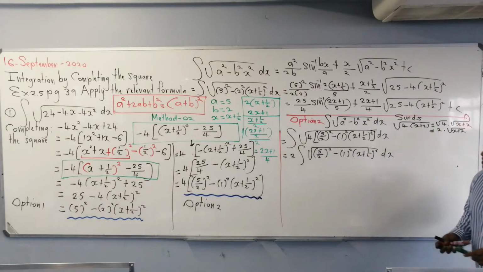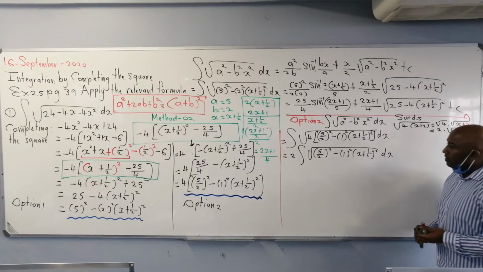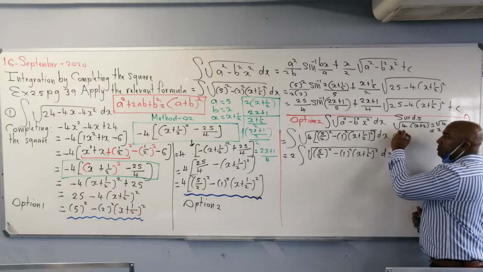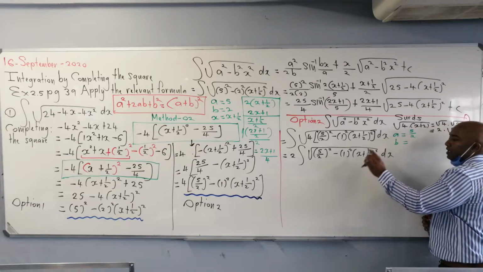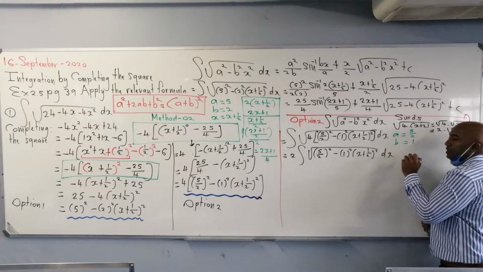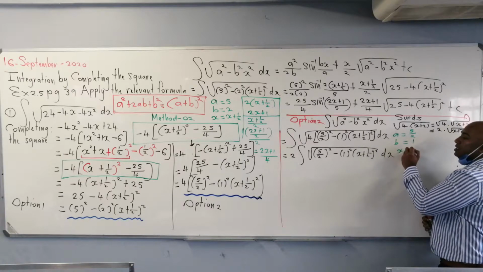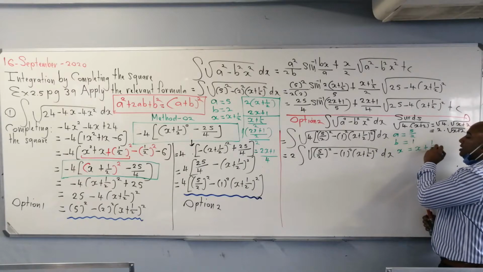And now it's ready for substitution. In this case, my a is 5 over 2, my b here is 1, and my x is equal to x plus half.